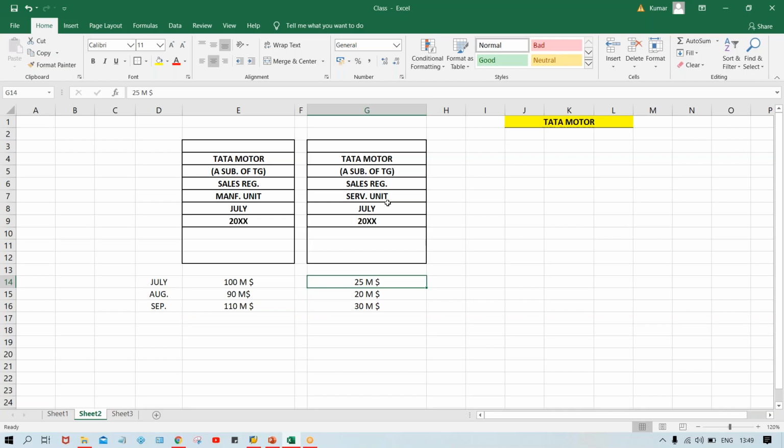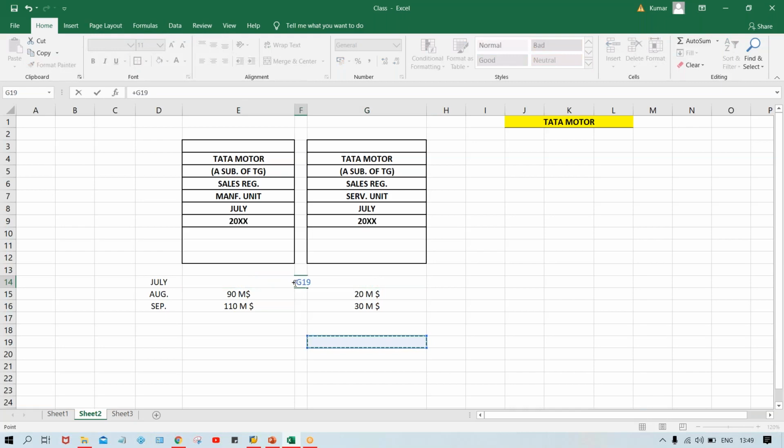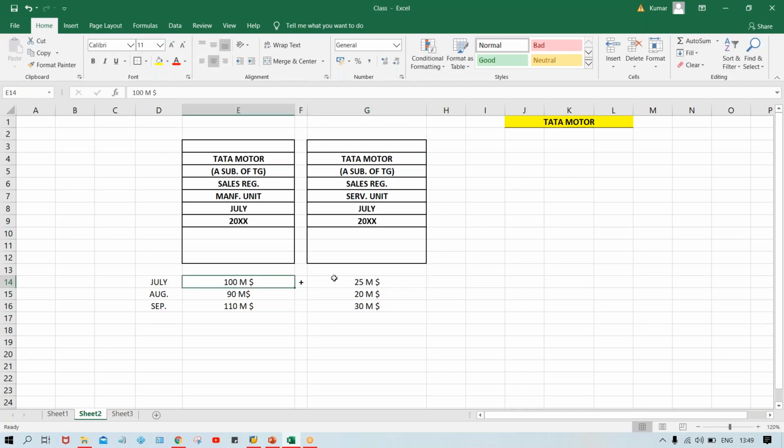If somebody asks what is the sales revenue generated at Tata Motor level for July, it means manufacturing plus service, manufacturing plus service, right?